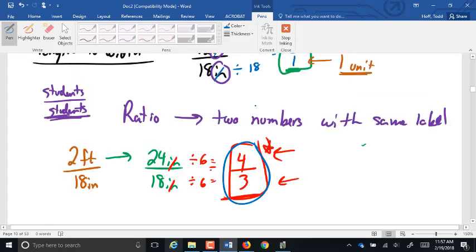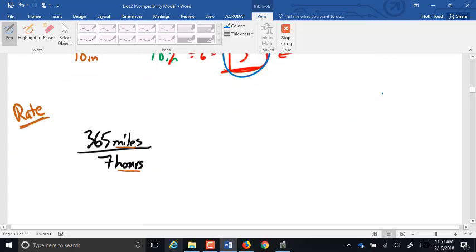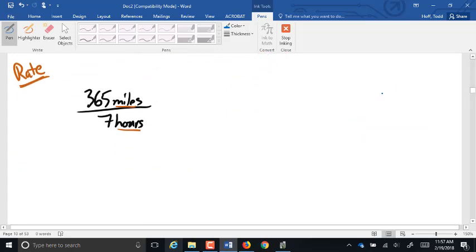I mean, sometimes we converted it into that unit ratio like we did with the 4:1. It just happened to work out that way. But a rate is almost always converted into what we refer to as a unit rate.